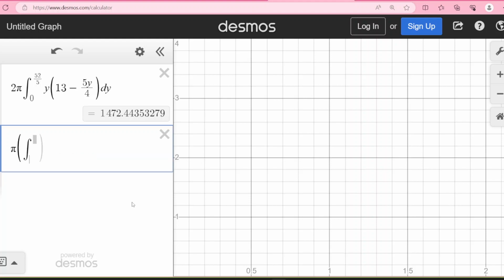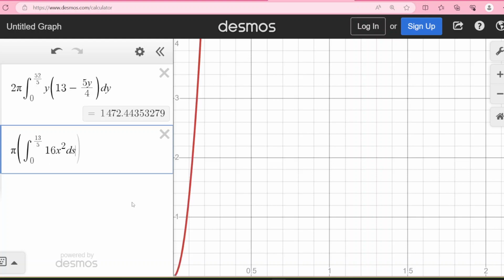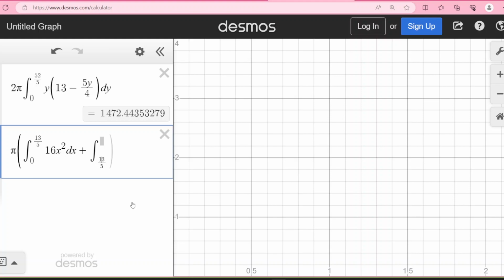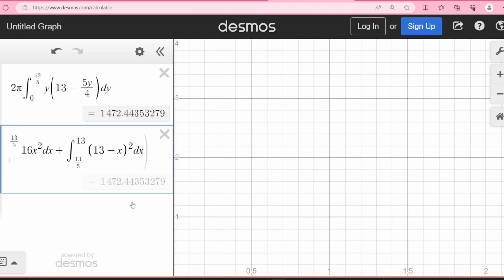The first integral was from 0 to 13/5, and the integrand was 4x to the second power, so 16x squared dx, and then plus the second integral, from 13/5 to 13, and the integrand there was 13 minus x, or negative x plus 13, squared dx. And close the parentheses. So you see, they're the same value.